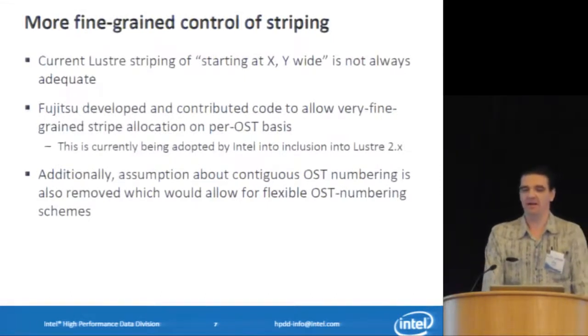And finally, the one of the more ready features is the fine-grained control of striping. So the way we do striping right now is kind of coarse. You can specify the starting stripe and how wide the striping you would like, and that's it.